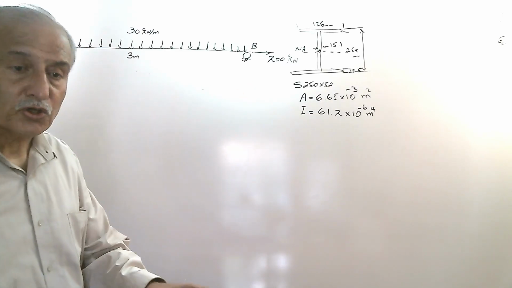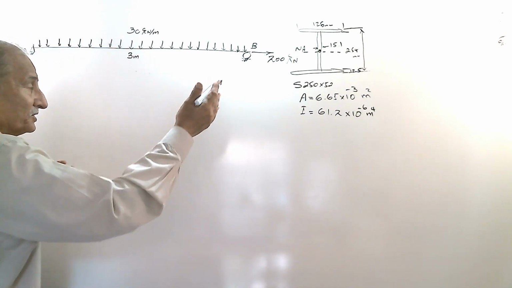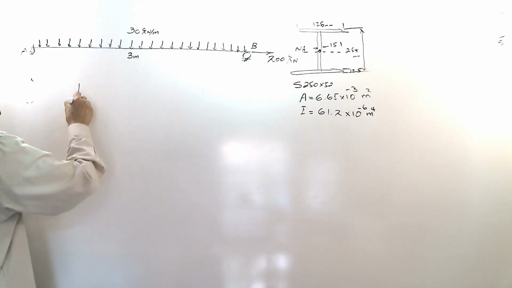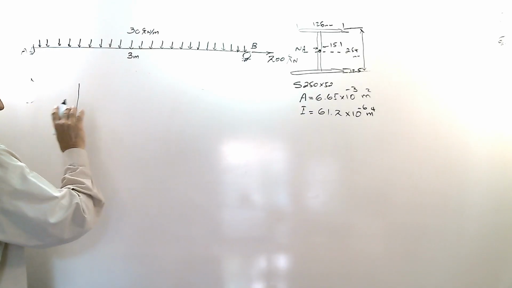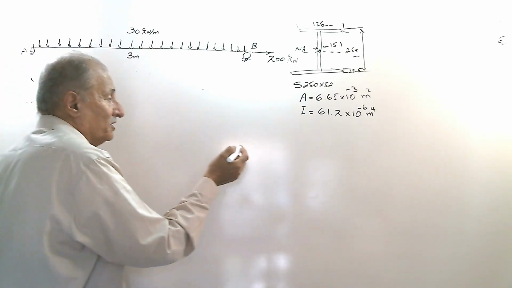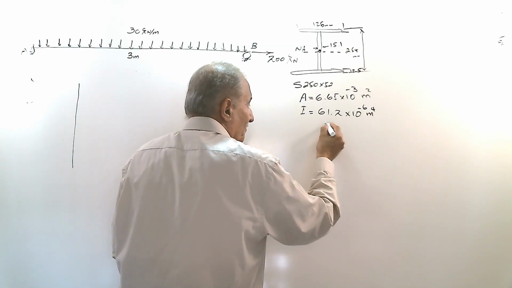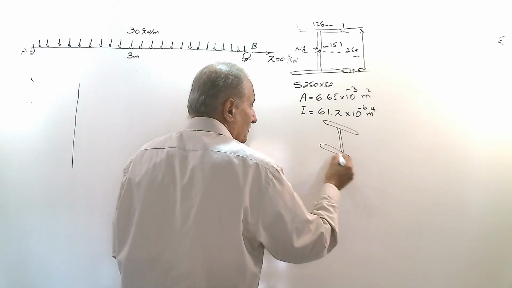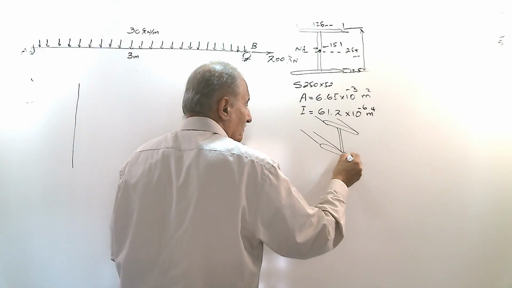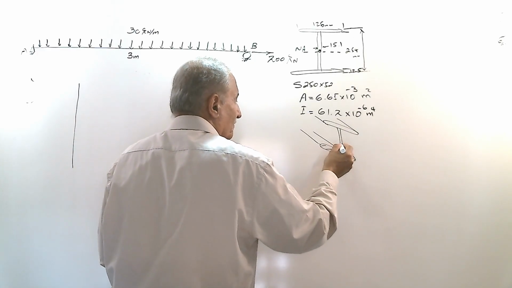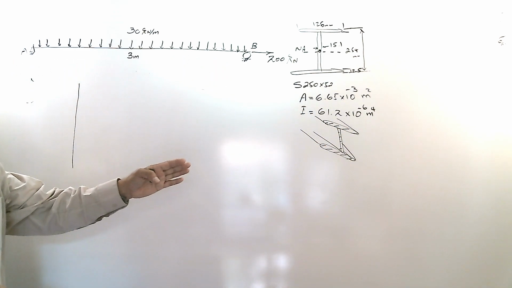Then I show the distribution of these stresses inside the material. Consider them step by step. Assume that we draw the cross section of the material as a line. We just rotate it like this, and show the cross section of the beam.